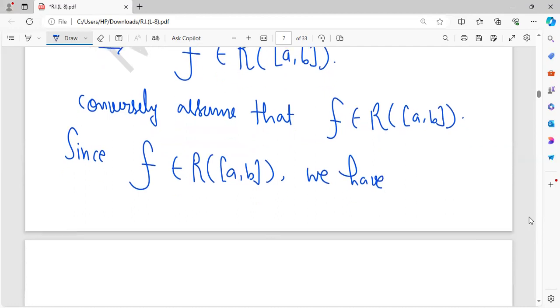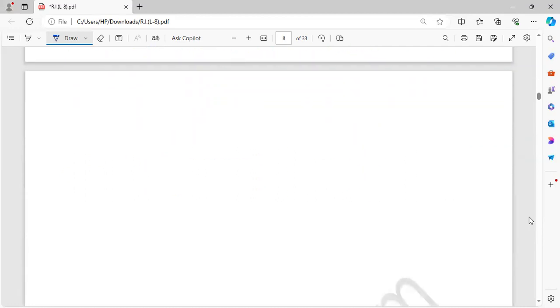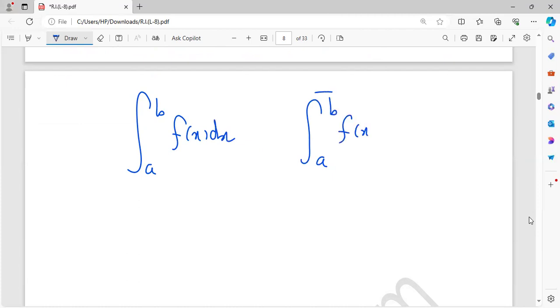The upper integral will be equal to the lower integral. So both are equal, and we call this integral the integral from a to b of f(x) dx. Once a function is Riemann integrable, the common value is called the Riemann integral of f over [a, b].